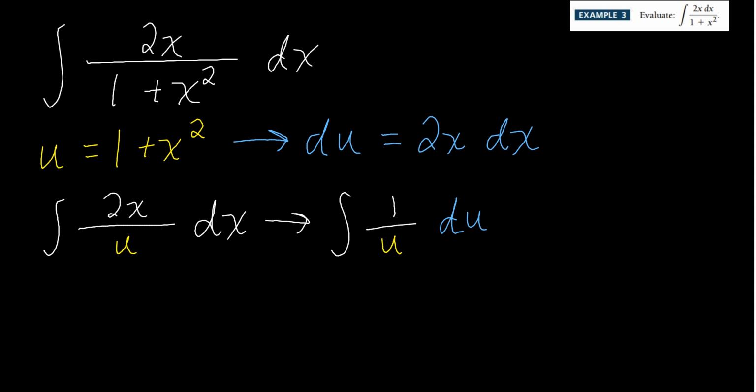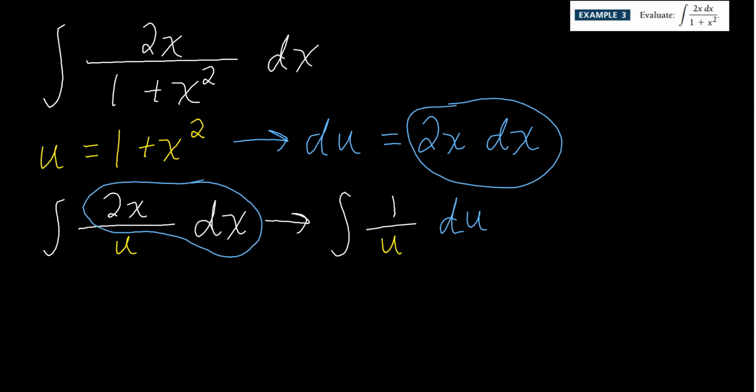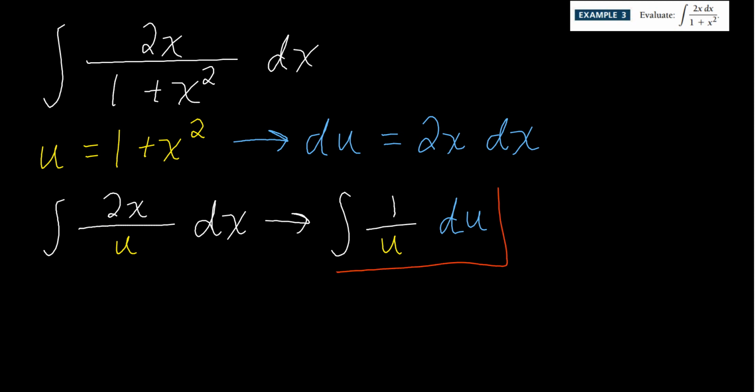Because again, my 2x dx, that's what this is. So I can just replace 2x dx with du. And now I have a nice handy dandy integral with just u's.